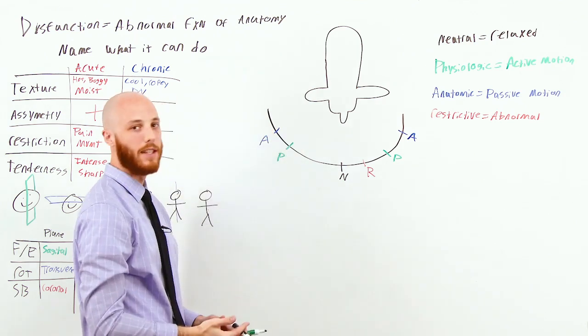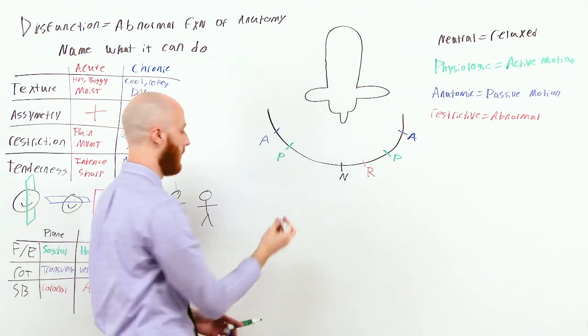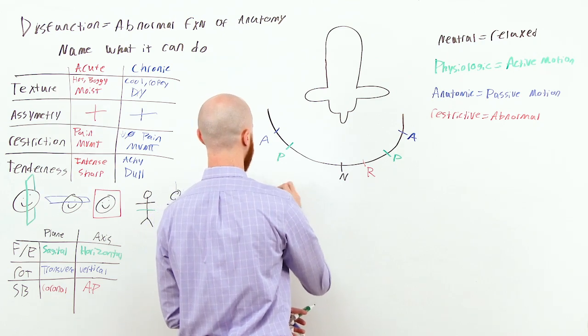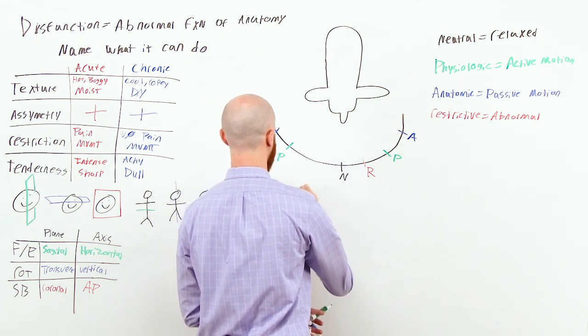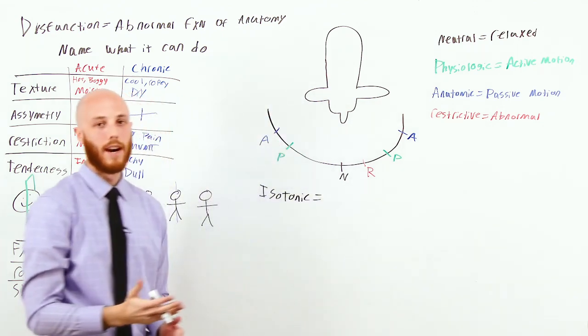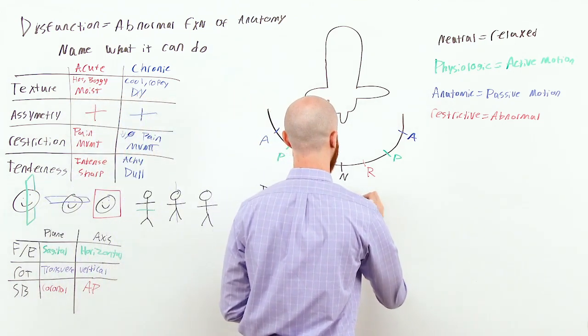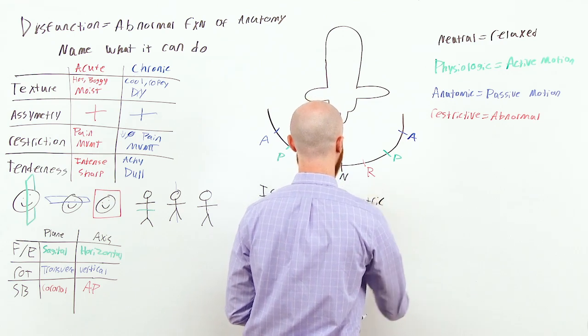So the last thing that you need to understand is the types of muscle contractions. And there are two types of isotonic muscle contractions. You have concentric and eccentric.